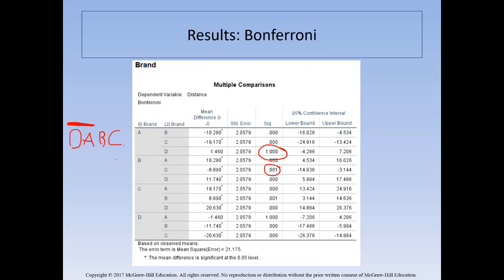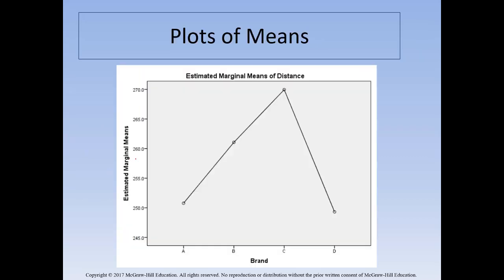So we can now say that there's evidence that C goes the highest, B is the next highest, followed by D and A. So it fits in with the intuition from the graph. C is significantly the biggest, followed by B, then followed by A and D.